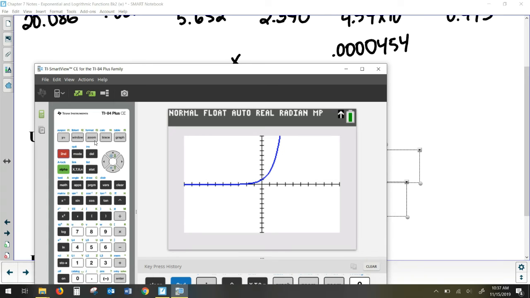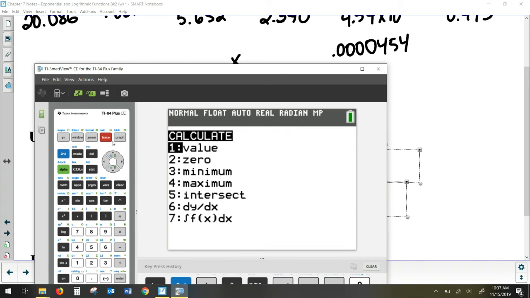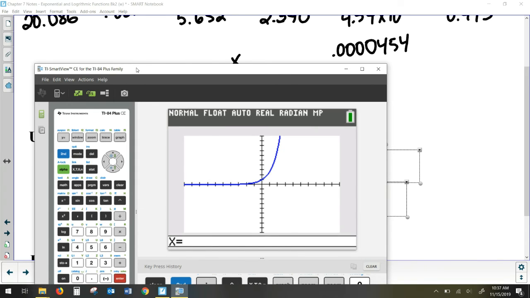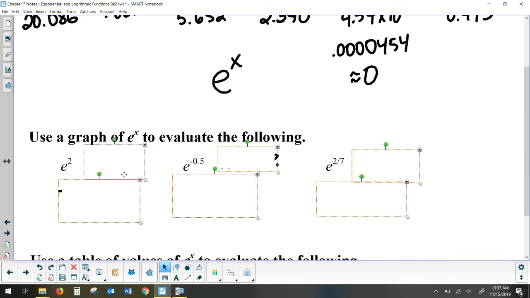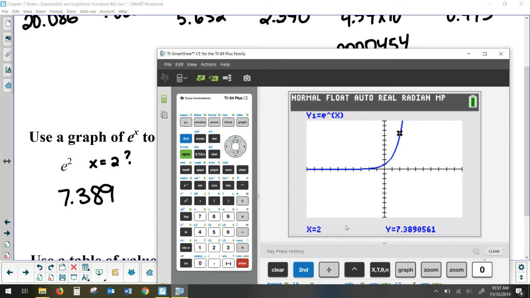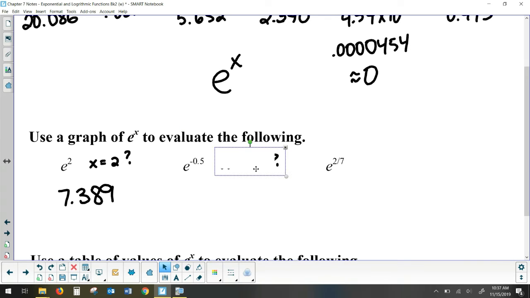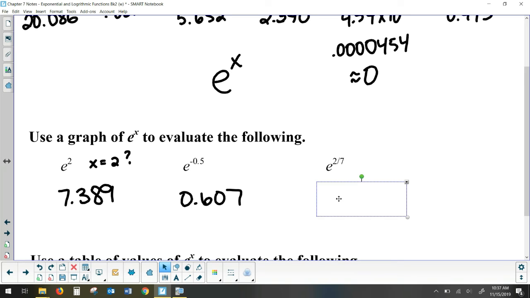Alright, second, calculate a value when x is equal to. So when e to the power of x is 2, we are looking for when x is equal to 2. So x is equal to 2, 7.389. And you will do that for the next two. For when x is equal to 2 over 7, and when x is equal to negative 0.5.